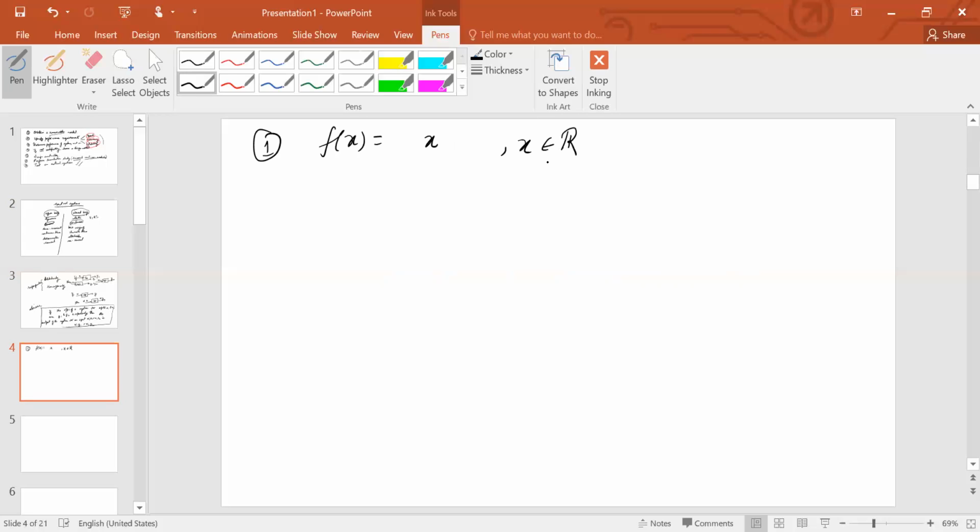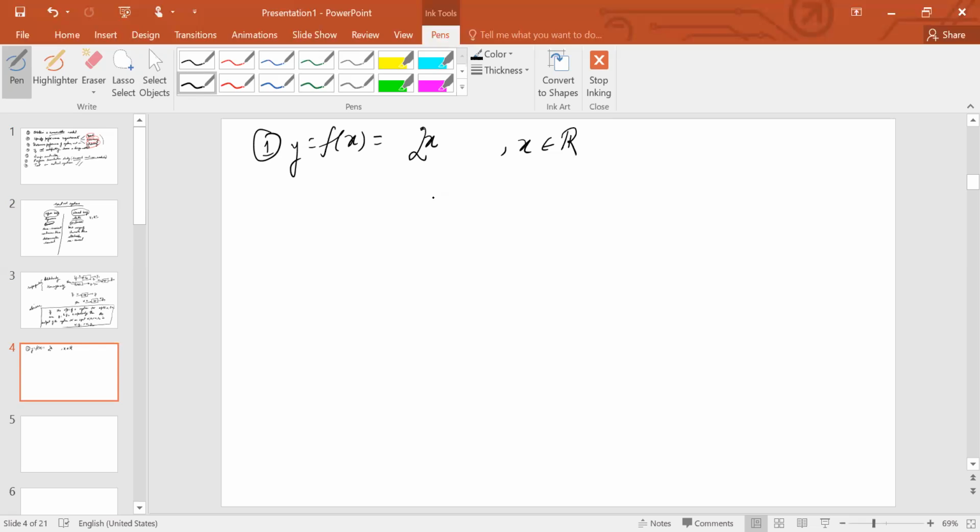So basically, y is equal to f(x). So y is the output, x is the input. So y is equal to 2x. So you have to check if this is a linear system or not. So you check whether it satisfies superposition, I mean, homogeneity and additivity.